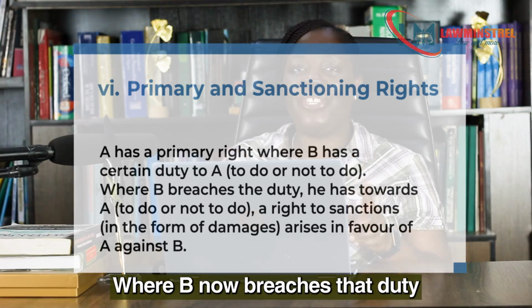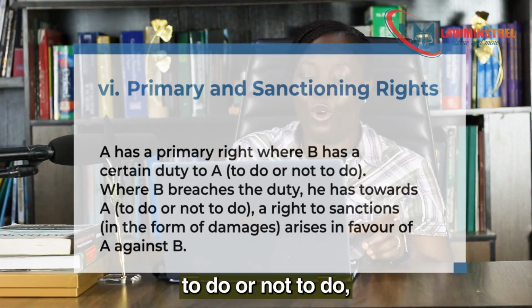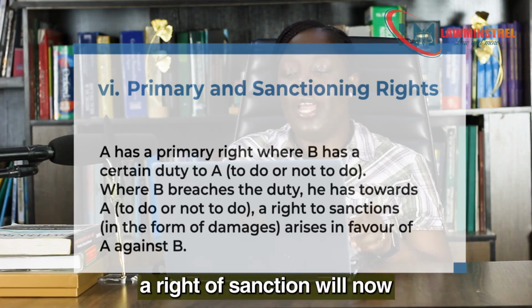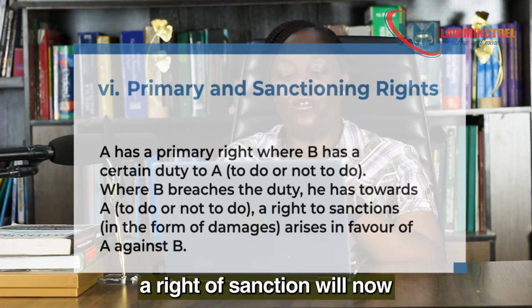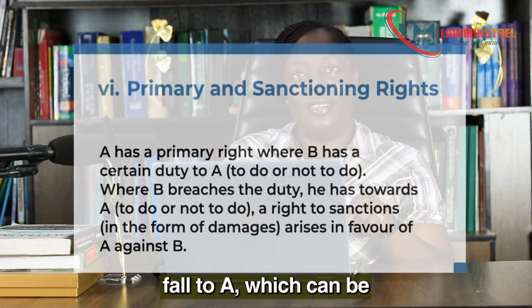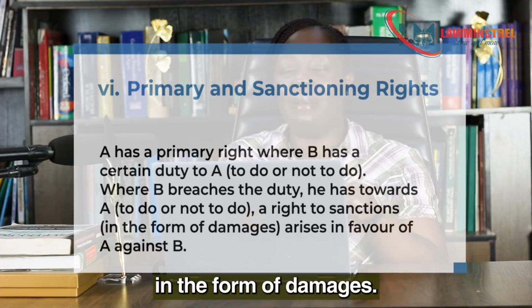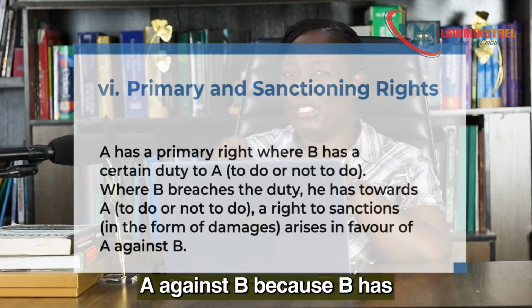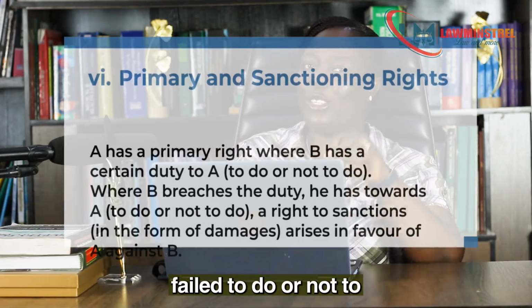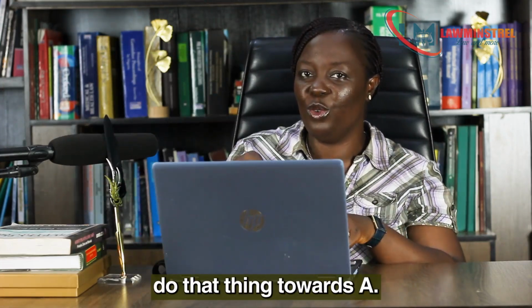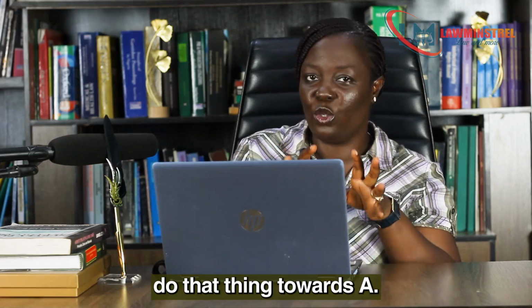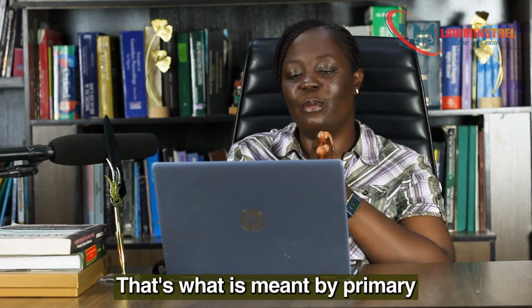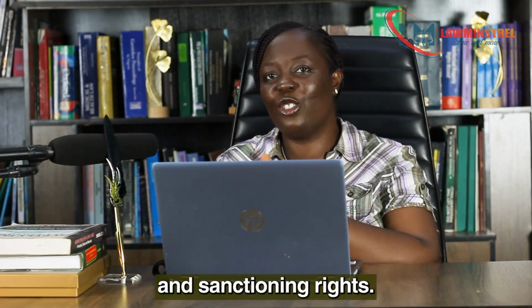Where B now breaches that duty to do or not to do, a right of sanction will now fall to A, which can be in form of damages. This will arise in favor of A against B because B has failed to do or not to do that thing towards A. That's what is meant by primary and sanctioning right.